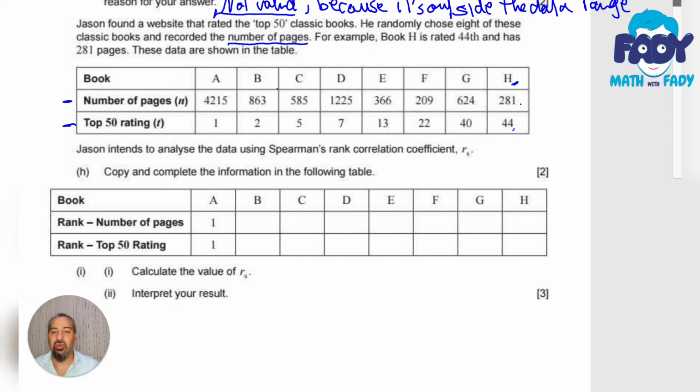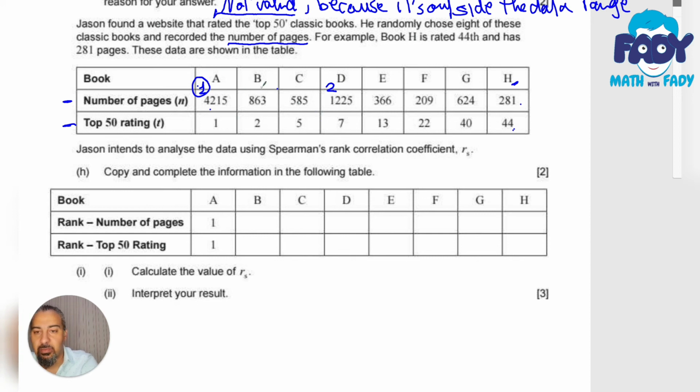Organize here means we need to write the rank, the order. So A is rank number 1, which means that we are starting from the largest number of pages. So this is 1, largest, and the following will be D. This is number 2.